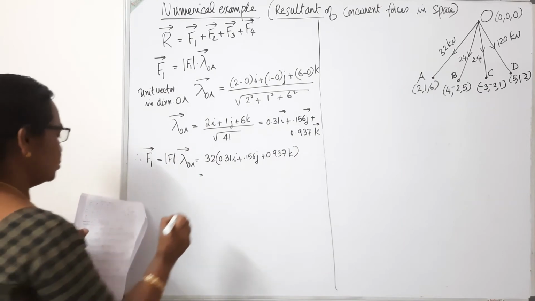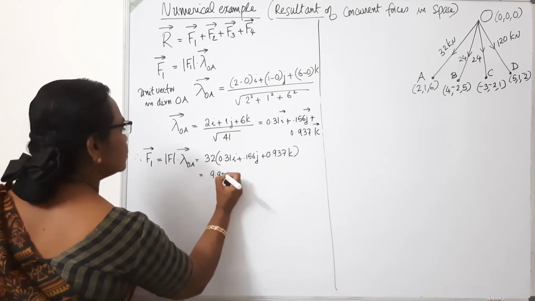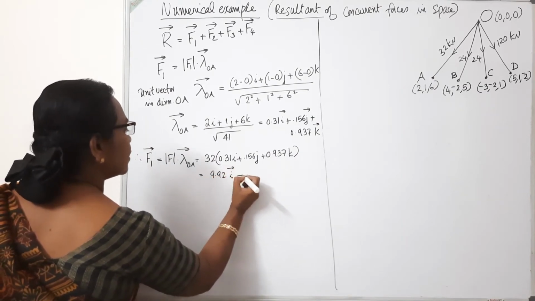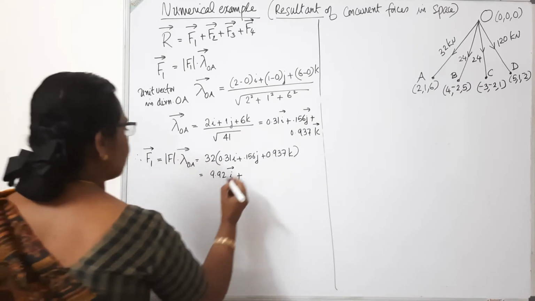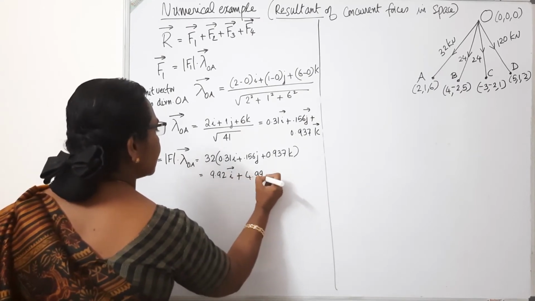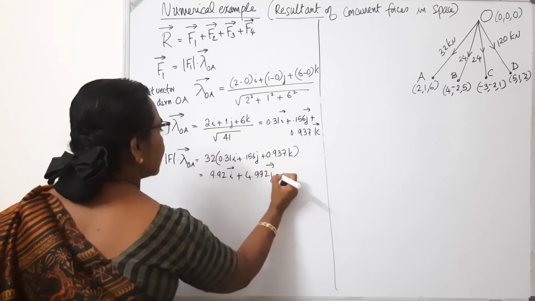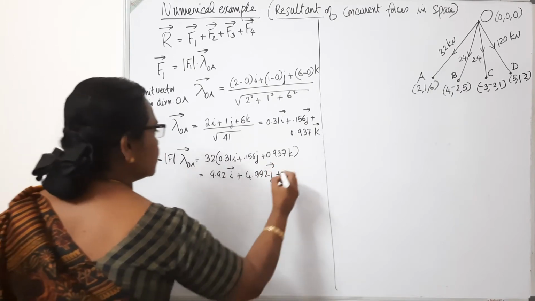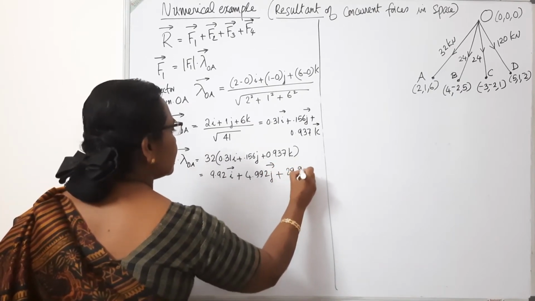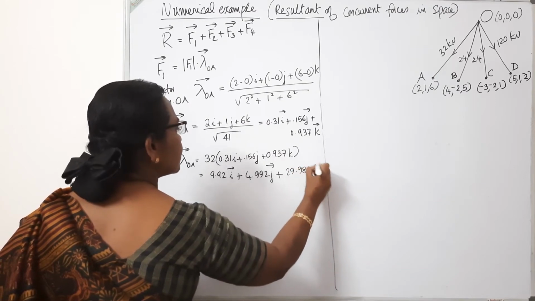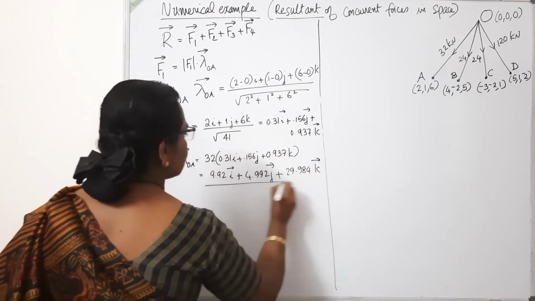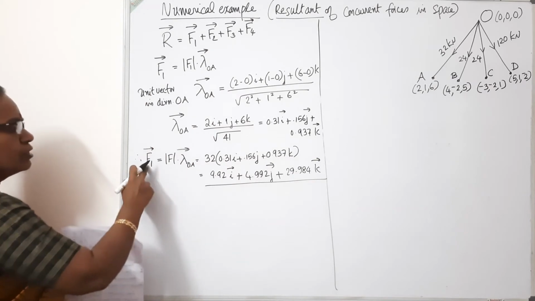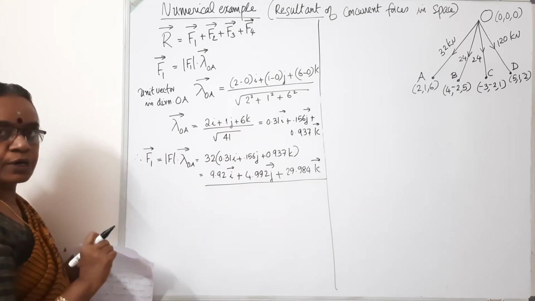It works out to 9.92i plus 4.992j plus 29.984k. So this is the first one. We got the first force vector F1.